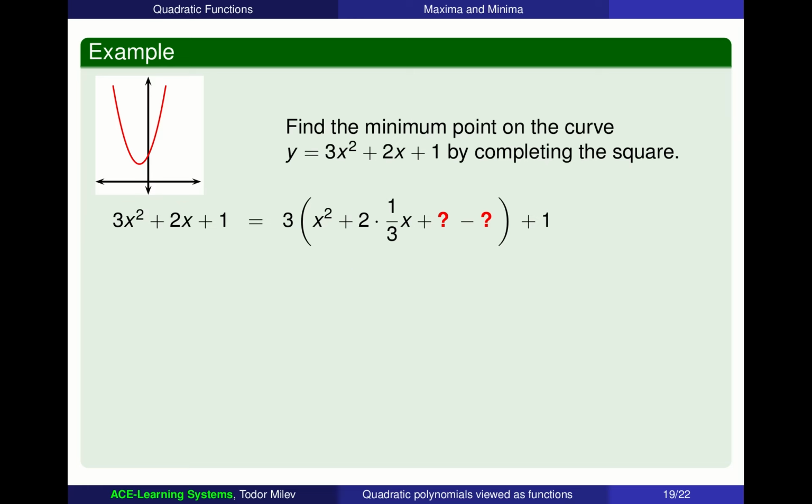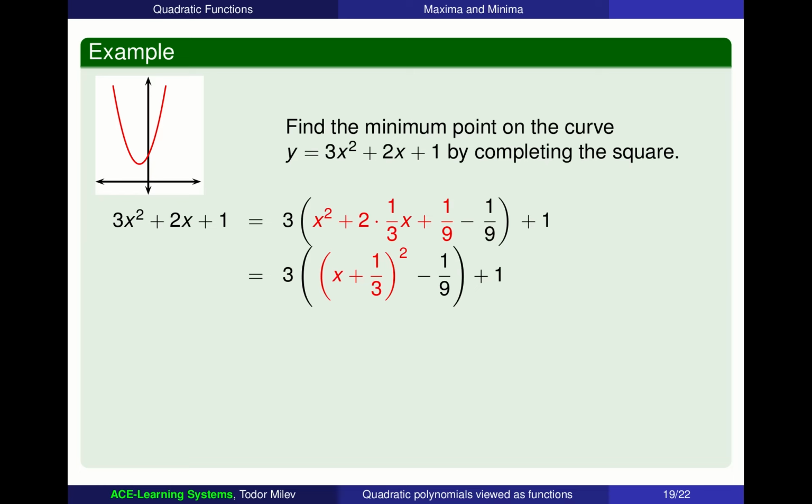I need to take the number that I see here, which is 1/3. I need to square it and I have to add and subtract it. So 1/3 squared minus 1/3 squared. That's what I need to add and subtract. So I'm taking this number 1/3 and I'm squaring it, adding and subtracting it. And as you can see, I've already simplified 1/3 squared to 1/9.